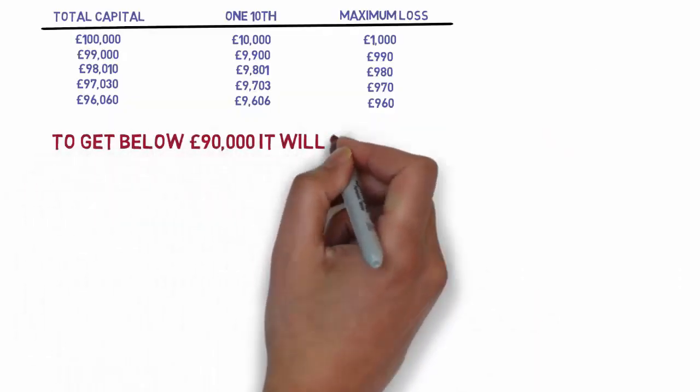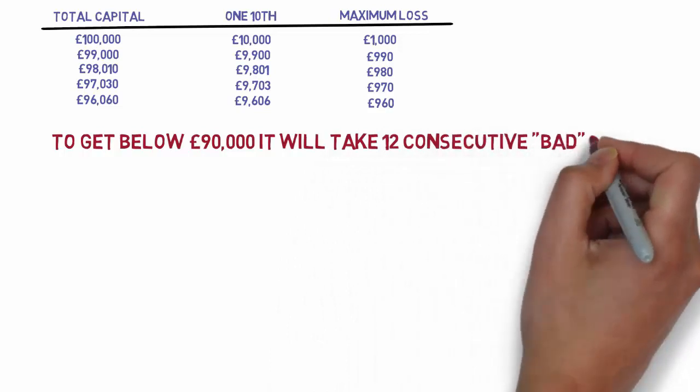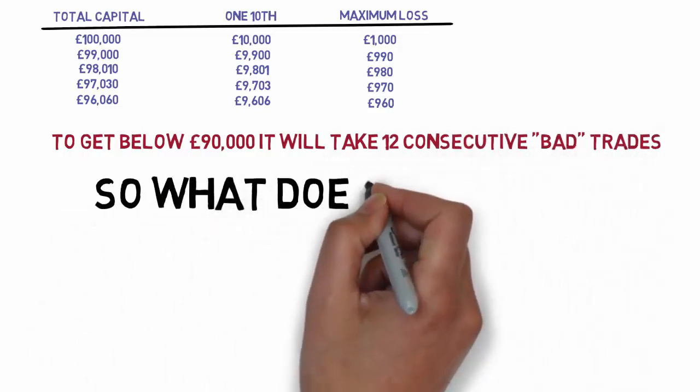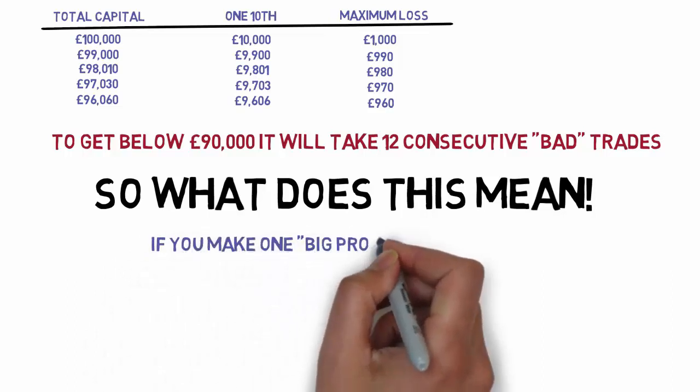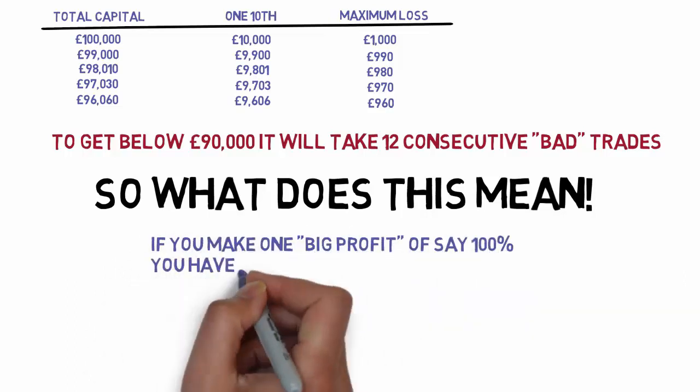To get below 90,000 it will take 12 consecutive bad trades. So what does this mean? If you make one big profit of say 100%, you have made all your money back.